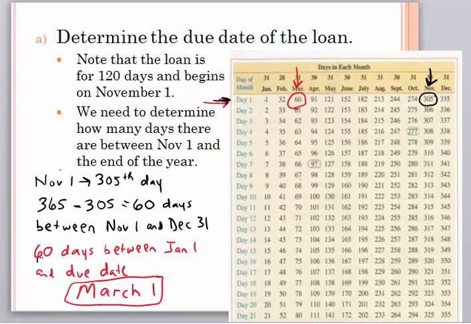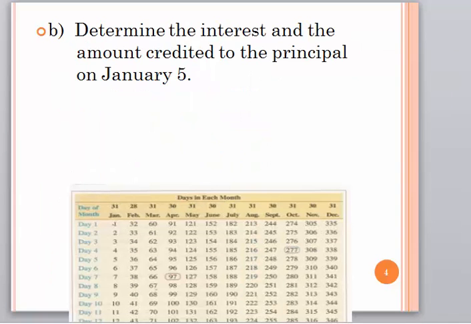So let's move on to part B of this problem. Part B says to determine the interest and the amount credited to the principal on January 5th. So remember that on January 5th, she makes a partial payment of $150.